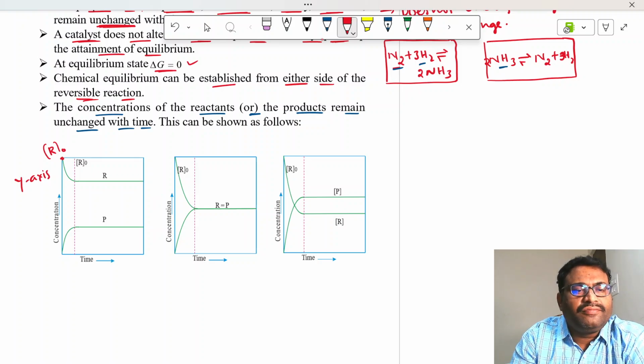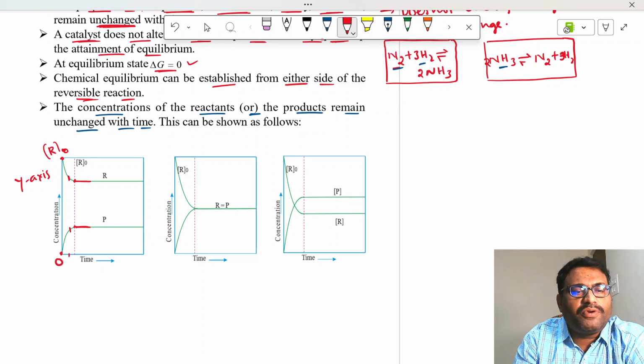Concentration. R0 represents that initially at 0 time. As the time proceeds, what happens? Reactant concentration decreases, but after some time the concentration of the reactant remains constant, and product is also remaining constant. Initially at 0 time there is no product, 0.